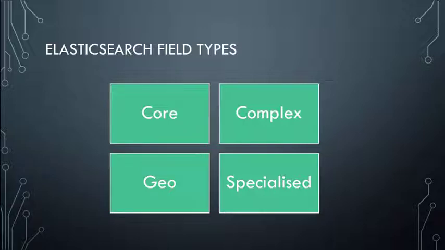Geographical data types, which are used for storing geographical information for use later on and have special attributes in order to make geographical searches easier, for example, searches by proximity, and specialized data types, which are any other data type that doesn't fit neatly into the other 3 categories.